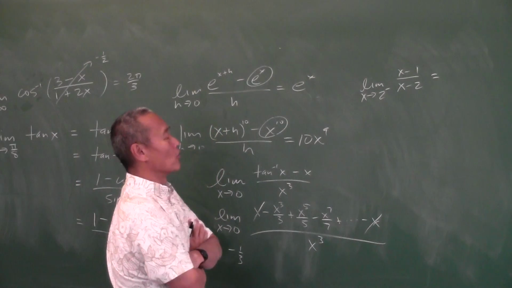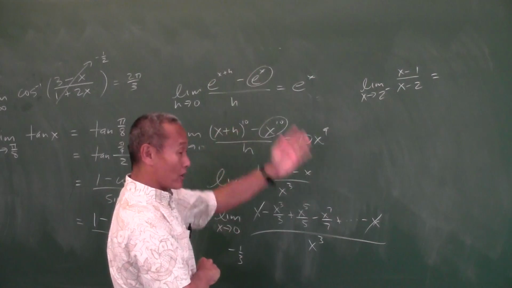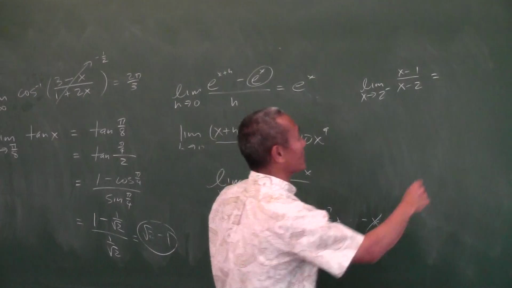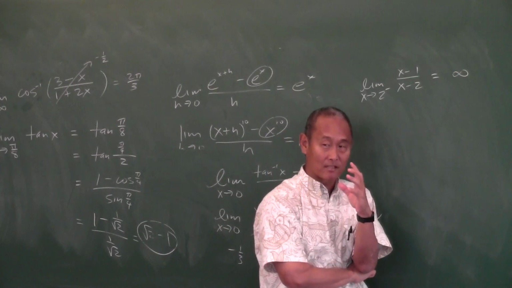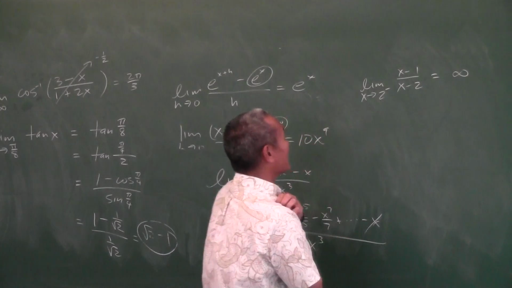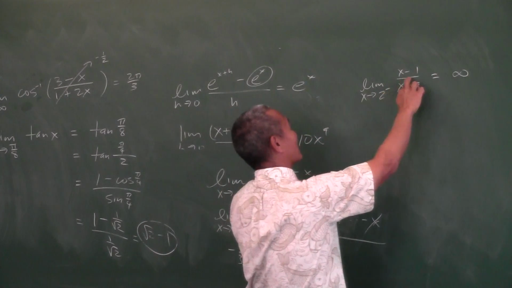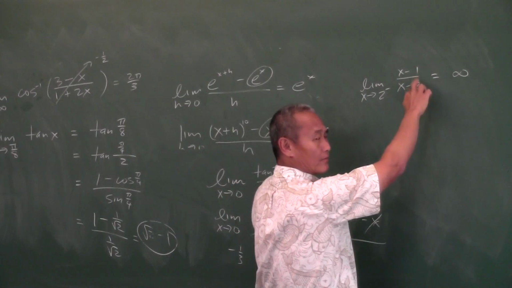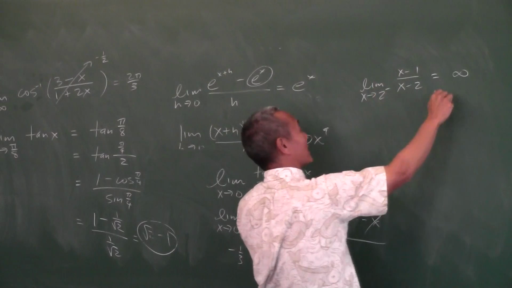You get 1 over 0. That means there's a vertical asymptote, so the answer is going to be either plus or minus infinity. It's a 50-50 shot. So plug in a number very close to 2 on the left, like 1.999. 1.999 minus 1 is positive. 1.999 minus 2 is negative. Positive over negative is negative.